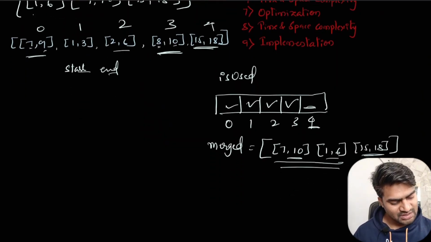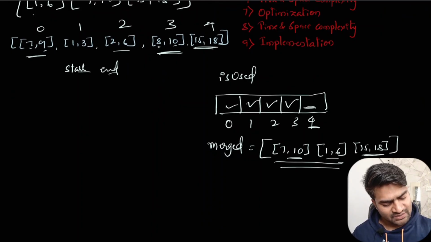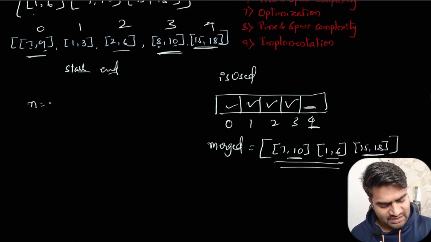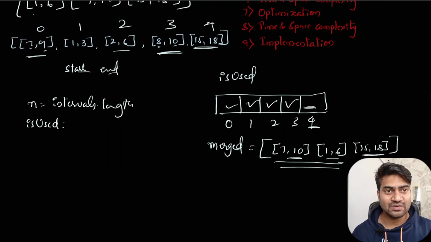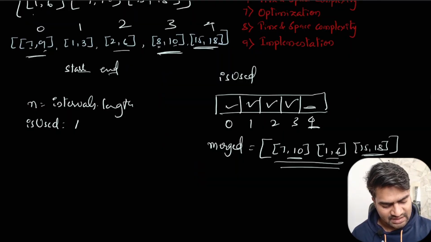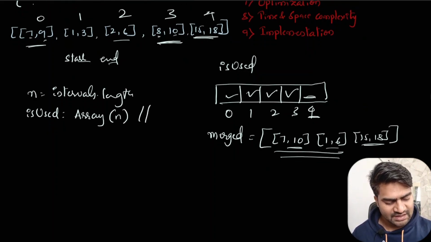So what all do we need? First, the length: n will be intervals dot length. Next we need a used array to make sure which interval is used. That will be an array of size n, basically a boolean array.